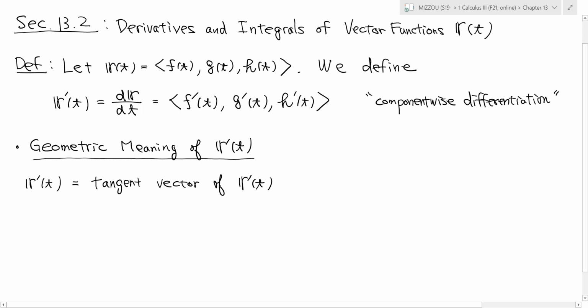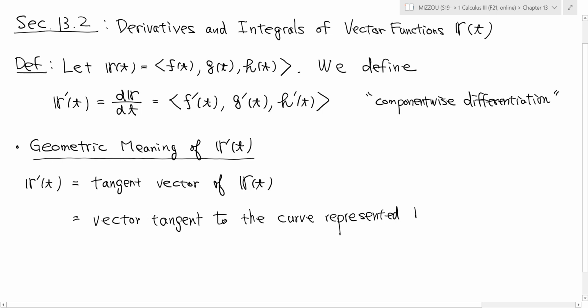But what kind of vector is that? Well, it's a vector which is tangent to r of t. Not r prime, r of t. Namely, this is a vector which is tangent to the curve represented by the vector function r of t.